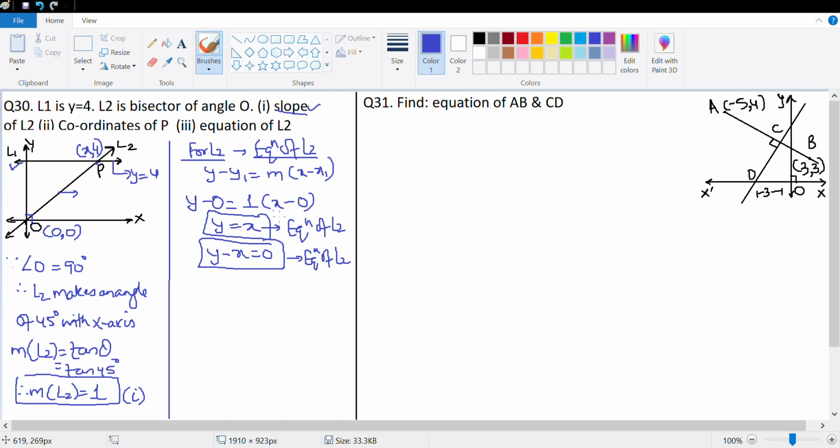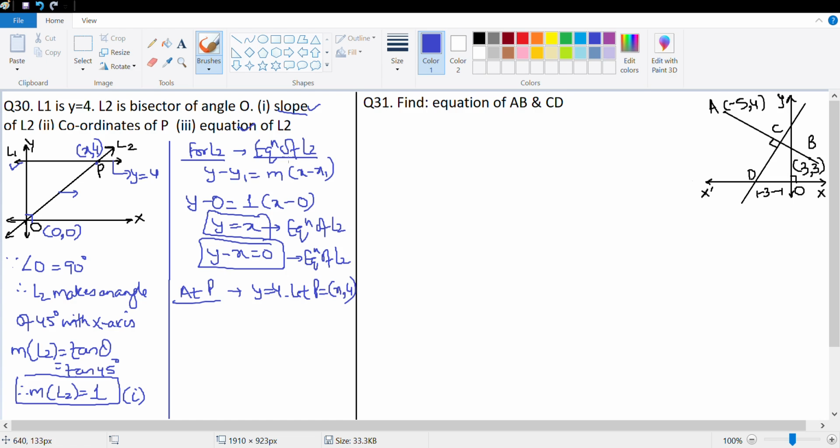Okay, now we need to find the coordinates of P. So we figured out the equation of L2, we need to find coordinates of P. So at P, y is equal to 4, let P is equal to x comma 4.